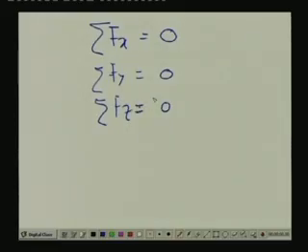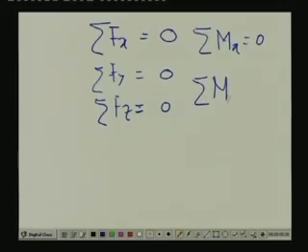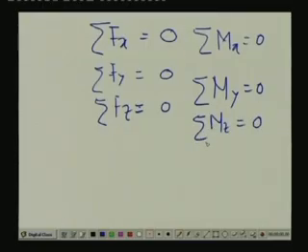Also, the moment of all the forces taken about the x, y or z axis or parallel to them should be equal to 0. In effect, we can say that summation of moment about the x axis is 0, summation of moment about the y axis is 0, and summation of moment about the z axis or parallel to the z axis is 0.